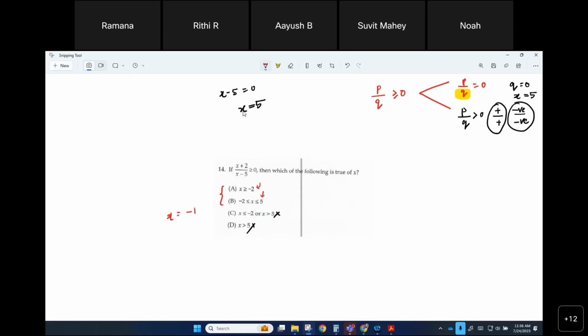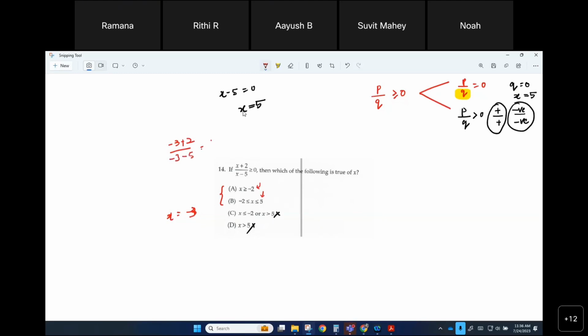If x equals negative, no, -1 is actually bigger. Let's say if I plug in x equals -3, he's saying x is greater than negative, right? What if x is less than -2, which is -3? So plug in -3. What is -3 plus 2 divided by -3 minus 5?